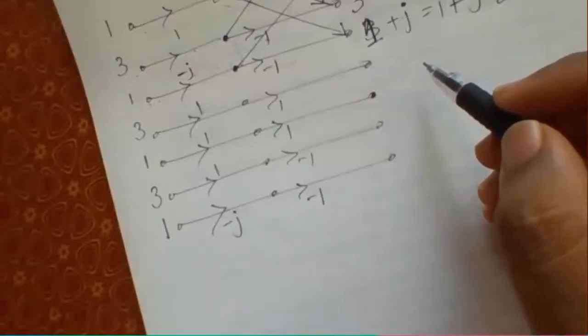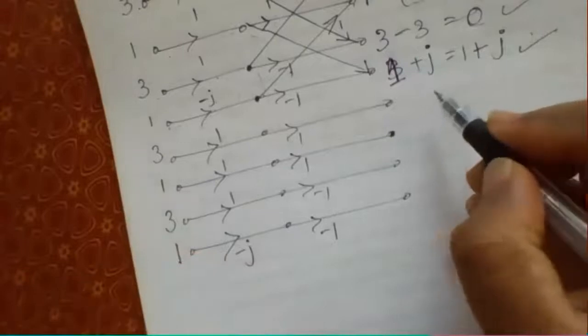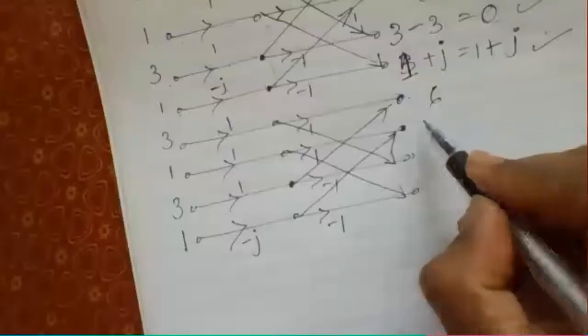Okay, similarly the next 4. Tell me the next 4 values. Same as above. The first sample here will be 6. Next one, 1 minus j.